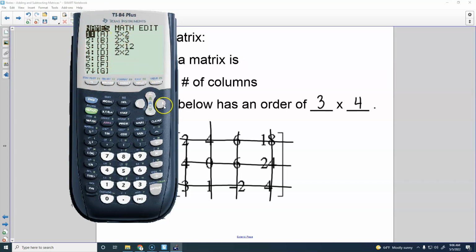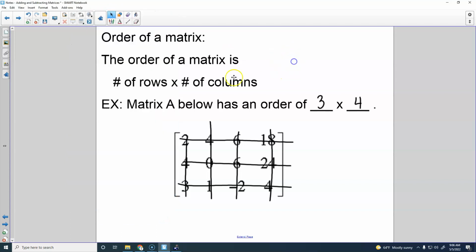If you go over to edit, it's going to ask you for the order of the matrix before you put it in. So if I do a 2 by 3 matrix, I can see there are 2 rows and 3 columns. Whereas if you got it backwards, if you do 3 by 2, it won't be what you're expecting. We are going to use the calculator some, but probably not today. But that can help you.